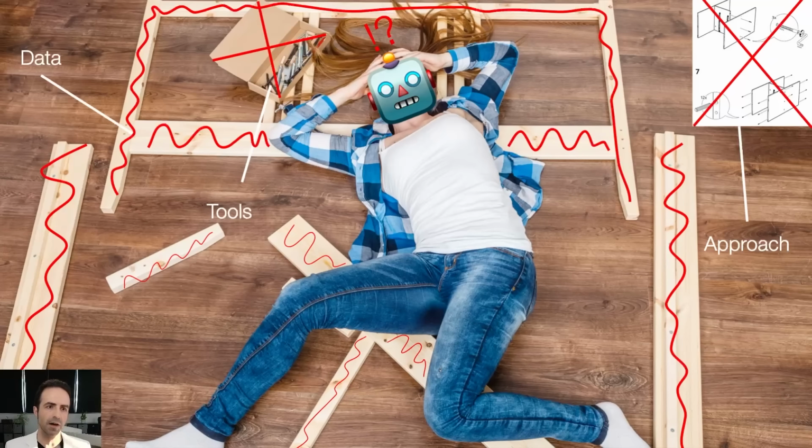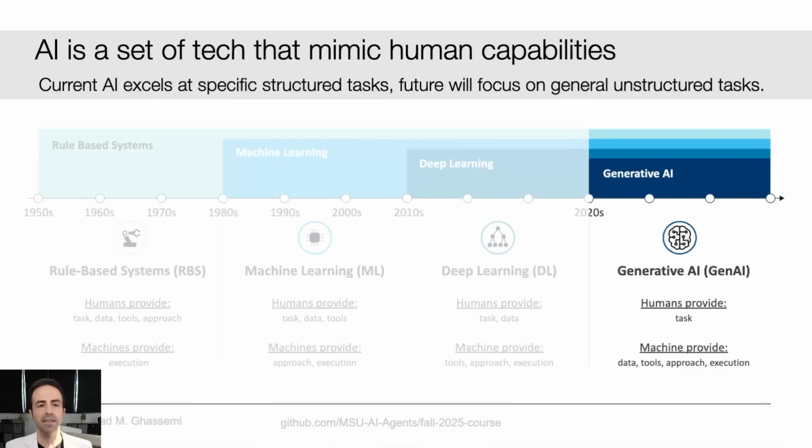We just provide the instructions that, hey, I want a bed, and we expect that the machine will provide that to us by figuring out what data it needs, which are the wooden blocks, what tools it will need, the little Allen wrench, what approach it will need, i.e. the instructions, in order to get us that end product. If this were a human, we'd be obviously very upset, but machines obviously don't have the same issues that we have with building IKEA furniture, so I think a machine would be as happy doing this as any other task.